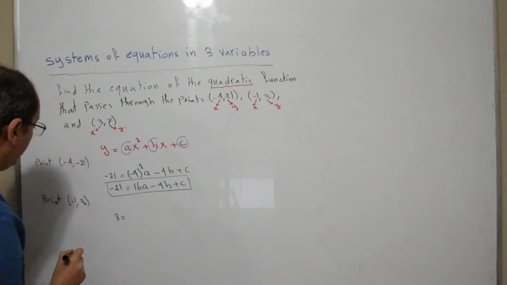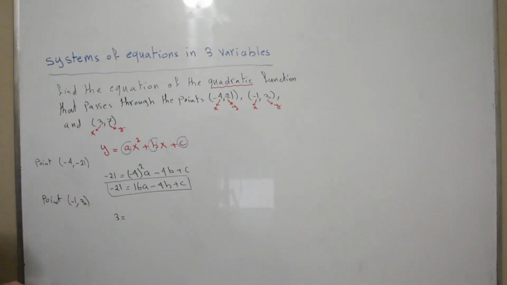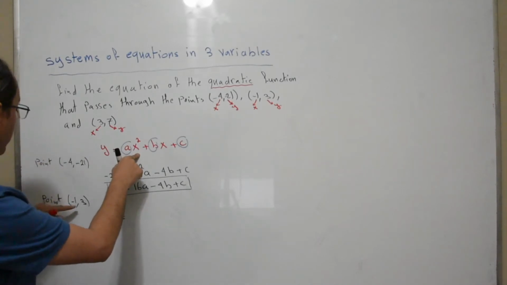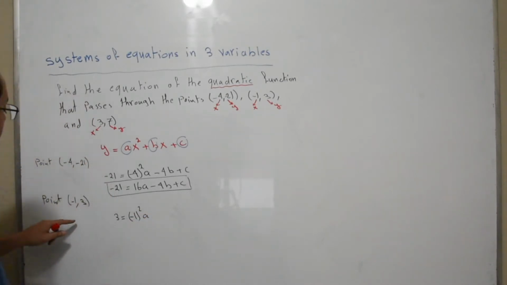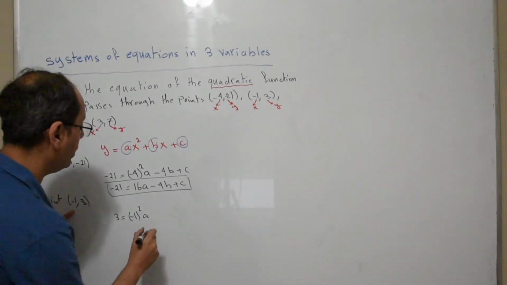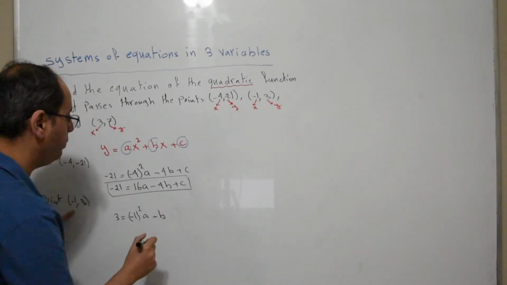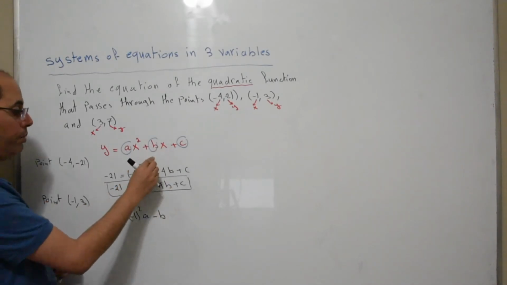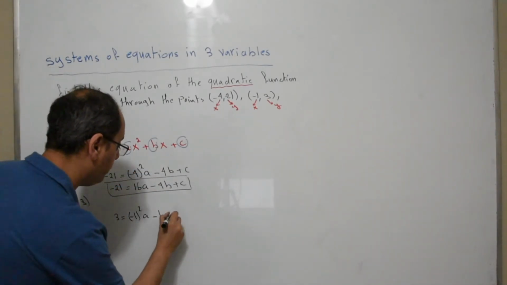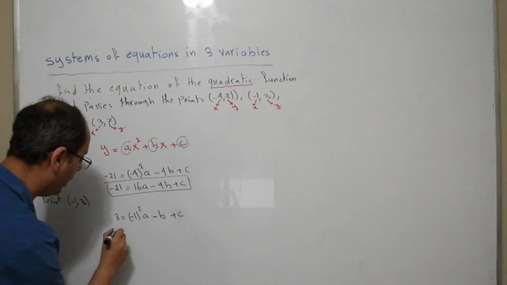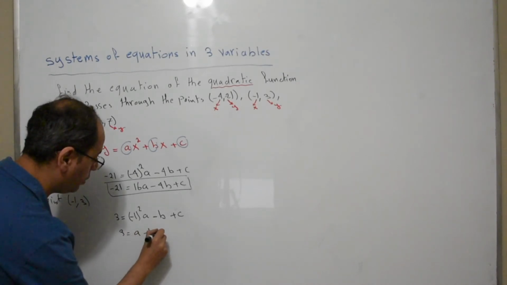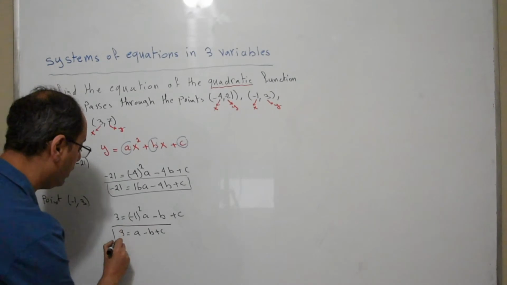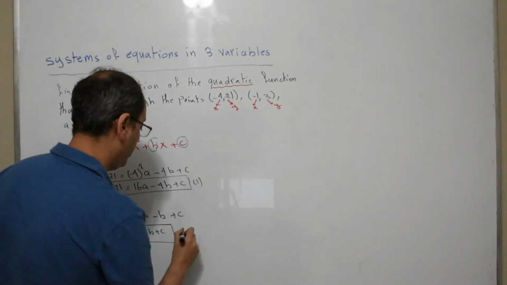So 3 equals, and x is -1, so -1 squared times a, and for b, x is -1 again, so that would be negative b. You see what I did? I plugged in -1 multiplied by b, which is -b, and then c. Let's clean this equation: 3 equals a minus b plus c. So now I have the second equation.